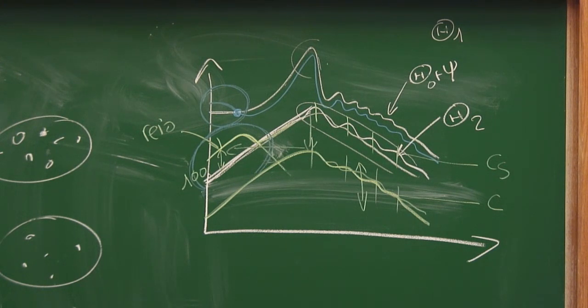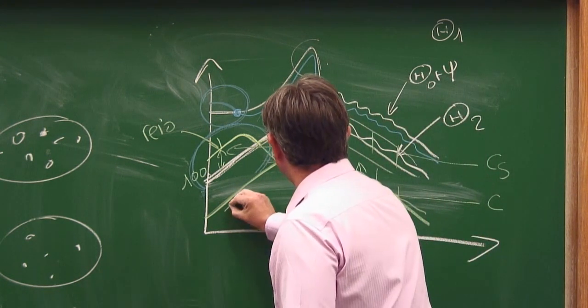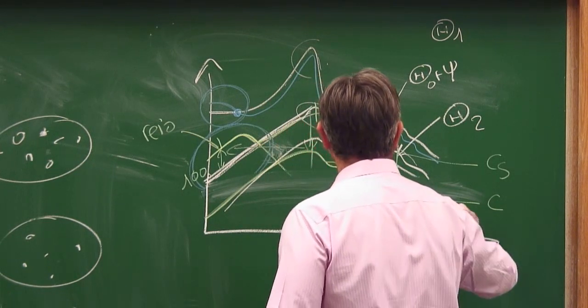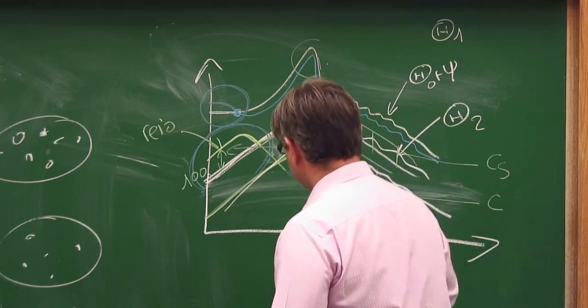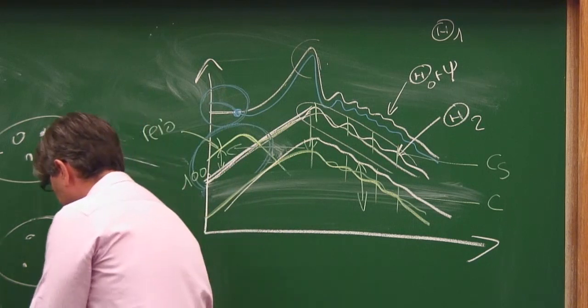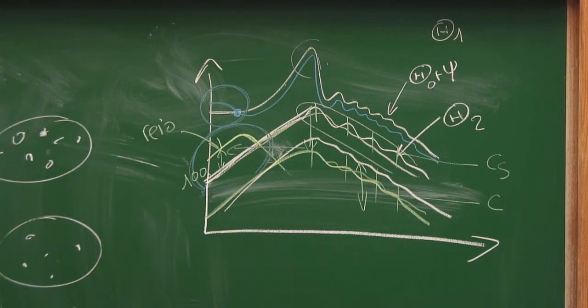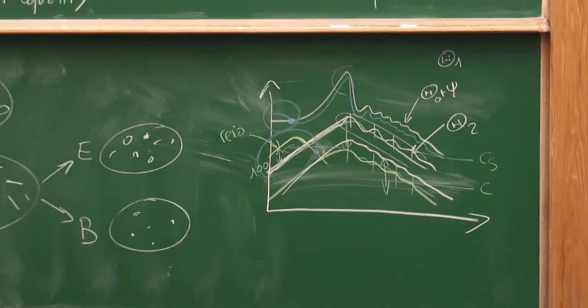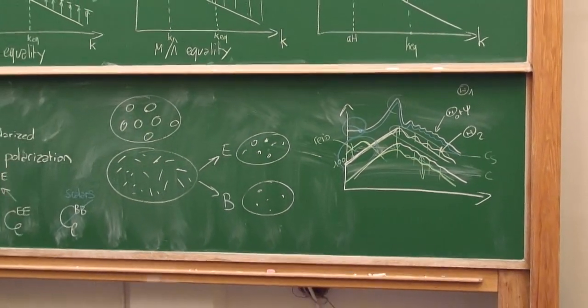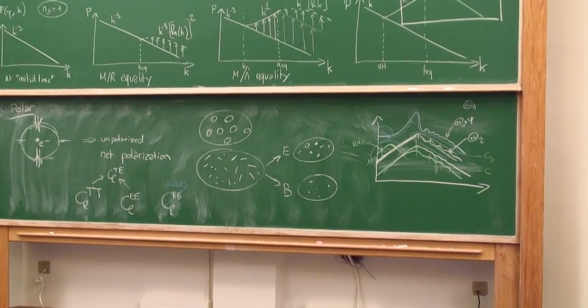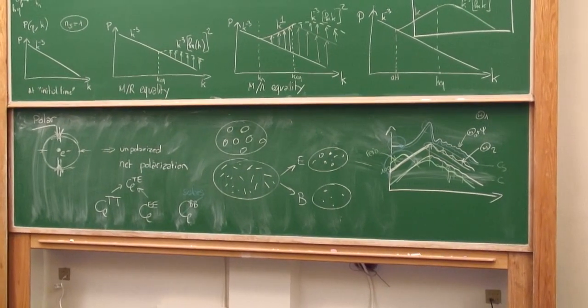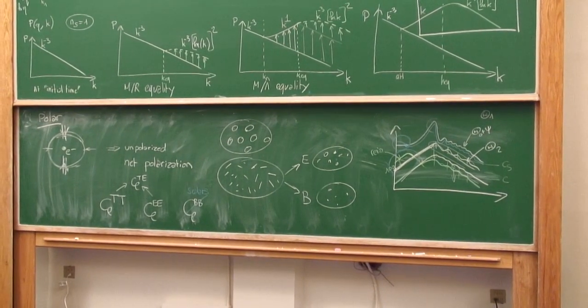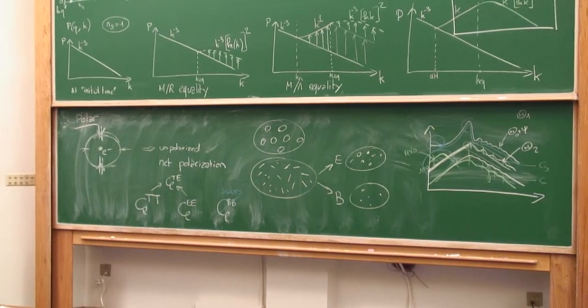These lensing effects do generate a BB contribution. And if the tensor perturbation from inflation are smaller than this lensing contamination, we can never see them. So then we could still try to probe these gravitational waves from inflation with the next generation of gravitational wave interferometers, but it will be very hard. Okay, thank you for giving me the occasion.